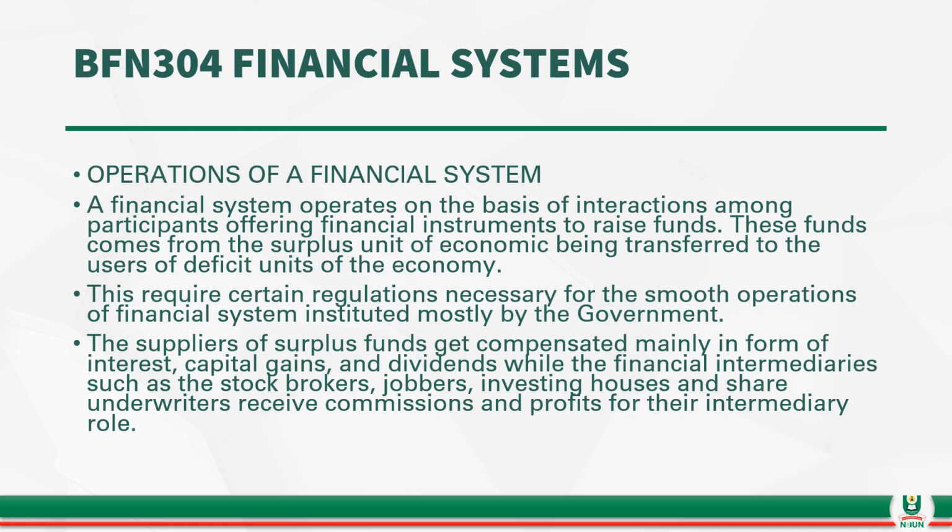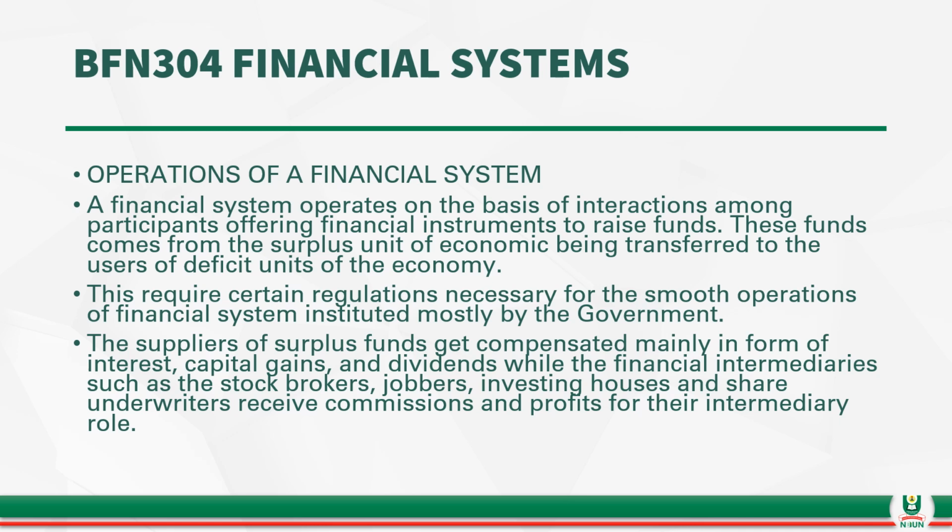You don't just offer financial instruments to the public to subscribe, but it has to be through abiding by the rules and regulations that are necessary for the smooth operations of that financial system, which is mostly instituted by the government of the nation, and specifically by the Apex Bank, which is the Central Bank of Nigeria.